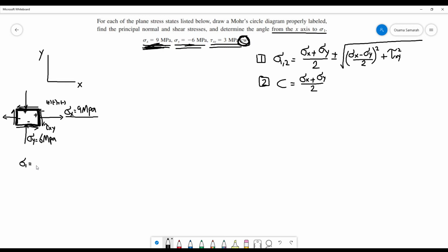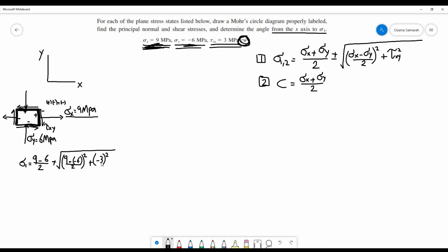So sigma 1 is going to be equal to sigma x, which is 9, plus sigma y, which is equal to negative 6, so minus 6, over 2 plus square root of sigma x, which is 9, minus sigma y, negative 6, over 2 squared plus tau xy, which is negative 3 squared.